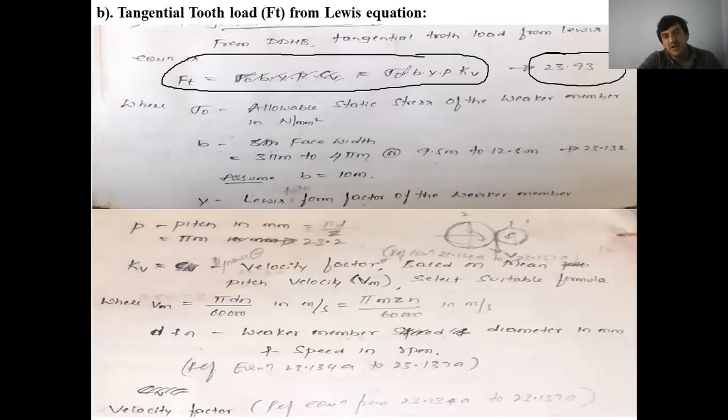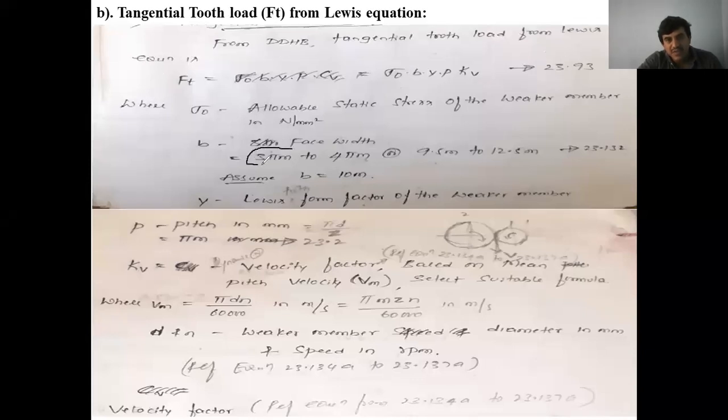What is sigma naught? Allowable static stress for the weaker member. B stands for face width. What is the value of face width we consider here? Its value varies from 3 pi m to 4 pi times the module, meaning around 9.5 module to 12.5 module.